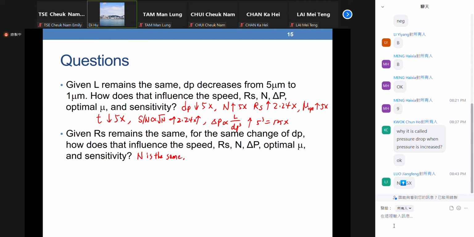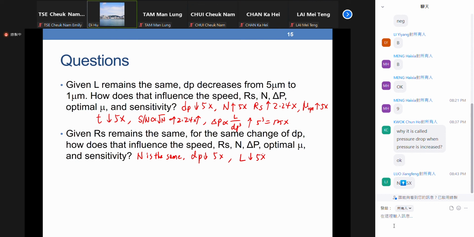However, if your dP decreases by 5 times, you can use a shorter column and still have the same resolution, with the resolution not changed. So the length decreased by 5 times.